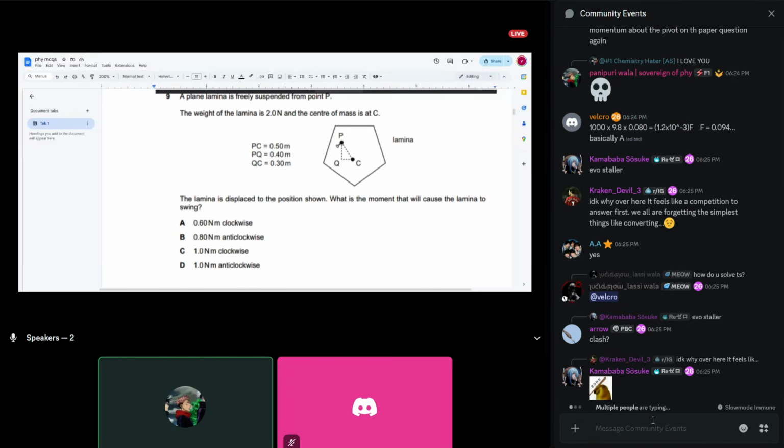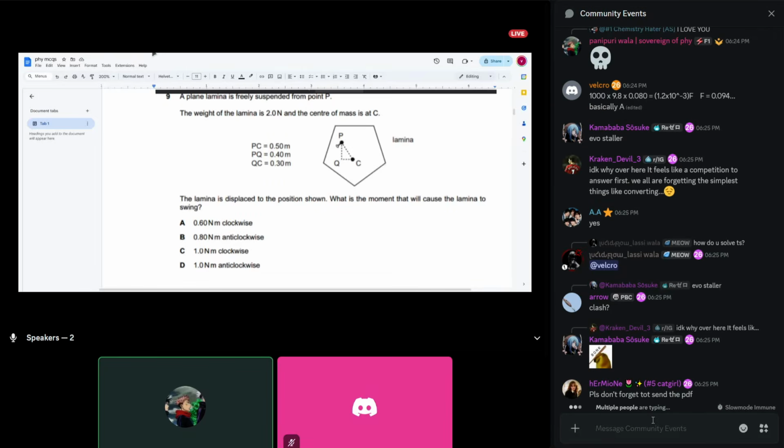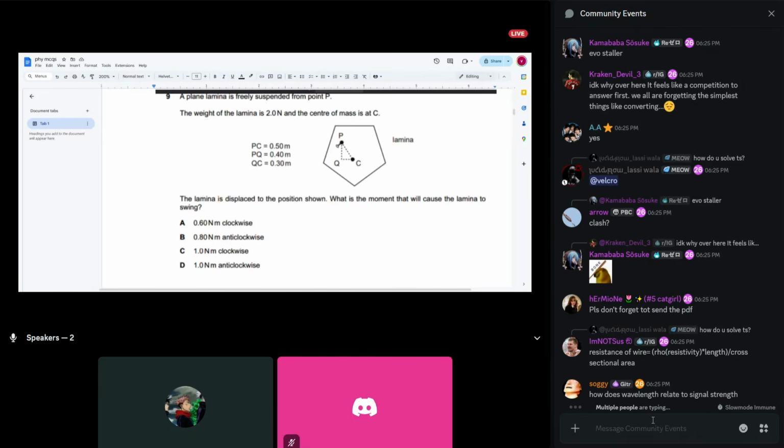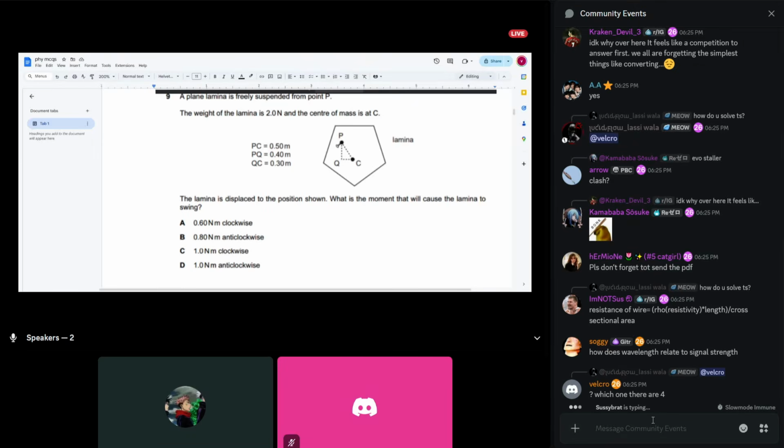Imagine like a T. The distance that is perpendicular to the force in this case is QC, because perpendicular distance. So that's why I do 0.3 into 2. I'm not getting a response from you, but yeah. 0.3 into 2, so 0.6, that's all.